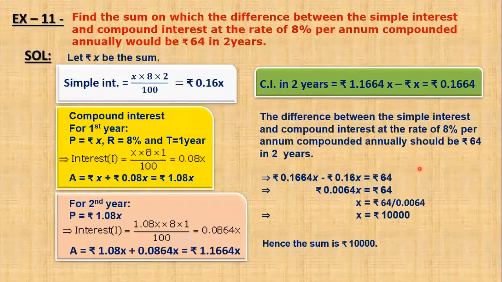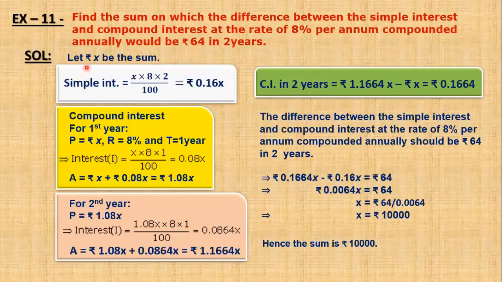Next example. Find the sum on which the difference between the simple interest and compound interest at the rate of 8% per annum compounded annually would be rupees 64 in 2 years. So we need to find out the sum invested and the difference between the simple interest and compound interest at the same rate, that is 8%, and the time 2 years is given as rupees 64.